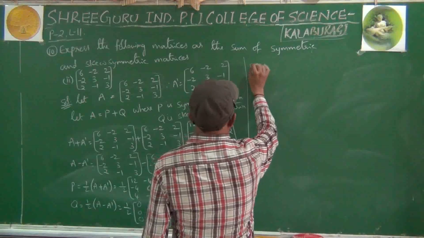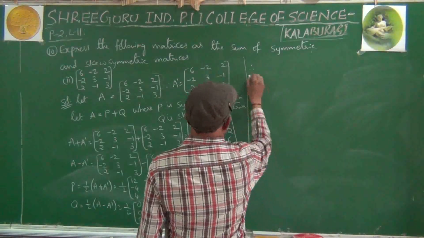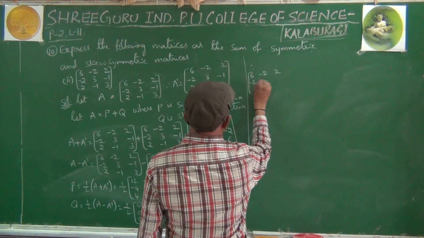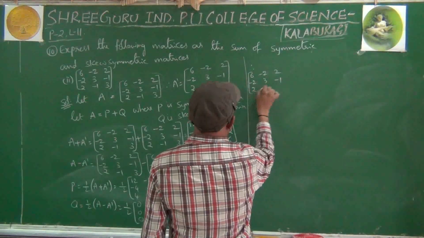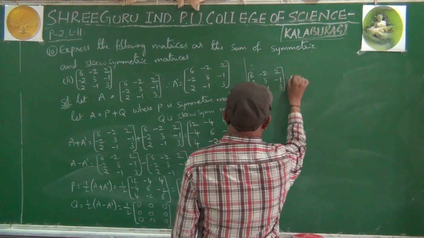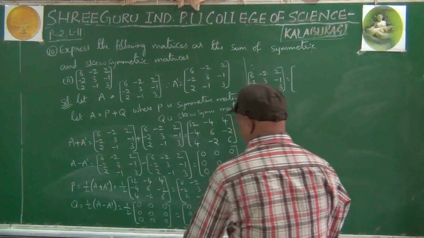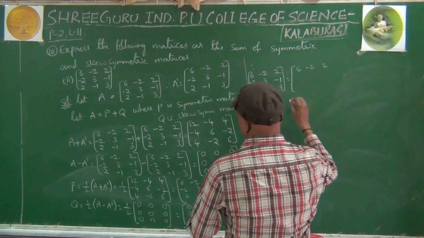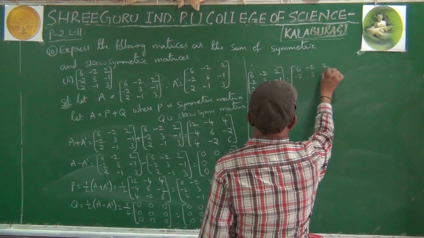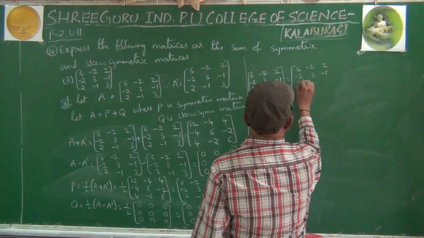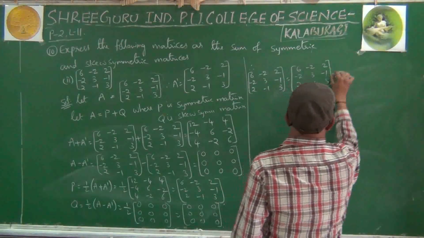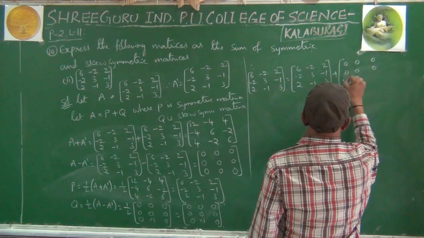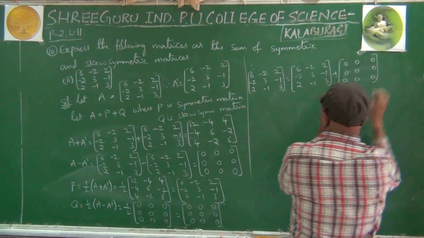Therefore, what is the given matrix? 6, -2, 2; -2, 3, -1; 2, -1, 3 equals 6, -2, 2; -2, 3, -1; 2, -1, 3 plus the zero matrix.